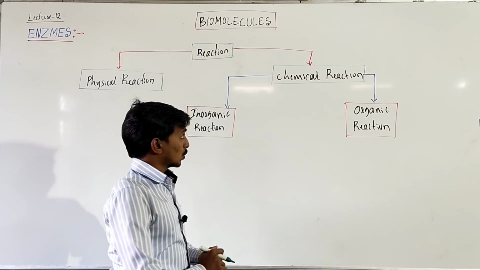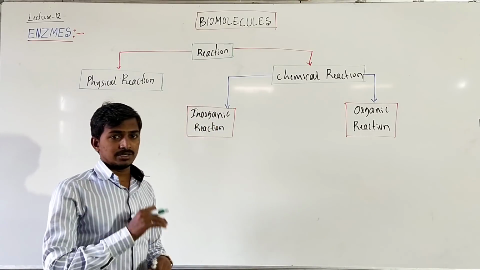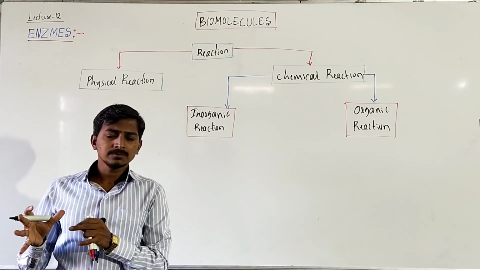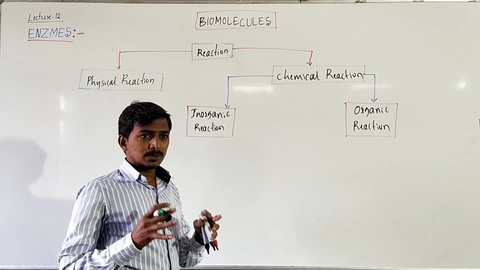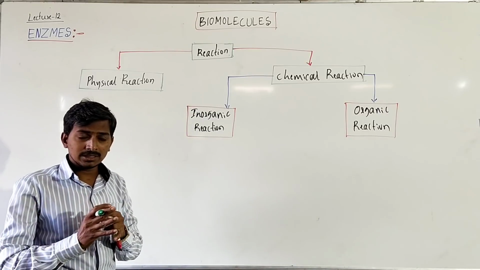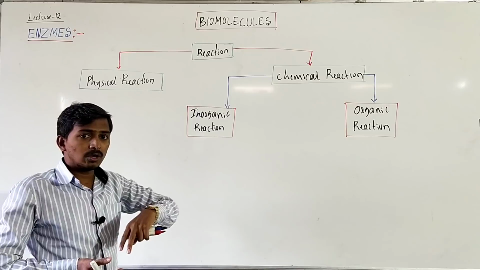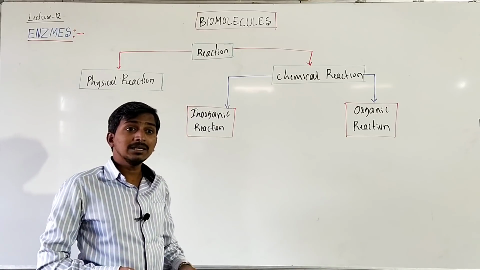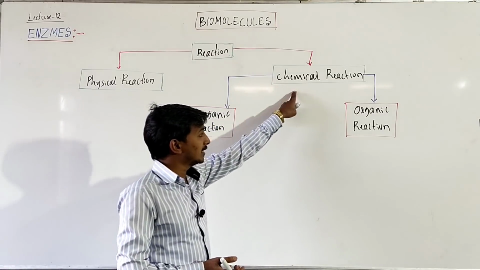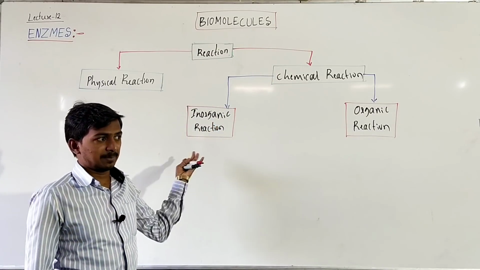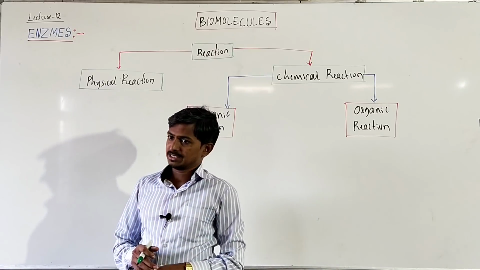Okay, so when we say the word reaction, there must be something that becomes some other thing, meaning there must be two things which will combine together, will react together, and form some other products. But the reaction may be a physical reaction or a chemical reaction. Of course, it happens in nature or in living systems.